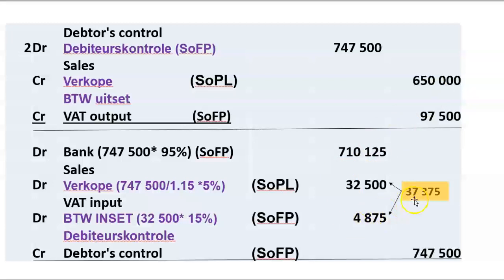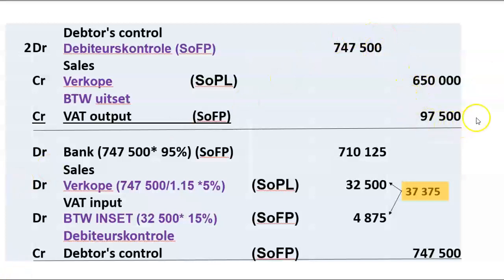So the remaining amount, 37,375 less the 32,500, i.e. the 4,875, that is the VAT input that I can claim back from the receiver of revenue. Why can I claim something back now? Because, guys, initially I paid 97,500 Rand over to the receiver of revenue as my output when I recorded the sales transaction, but I never realized 100% of this amount.